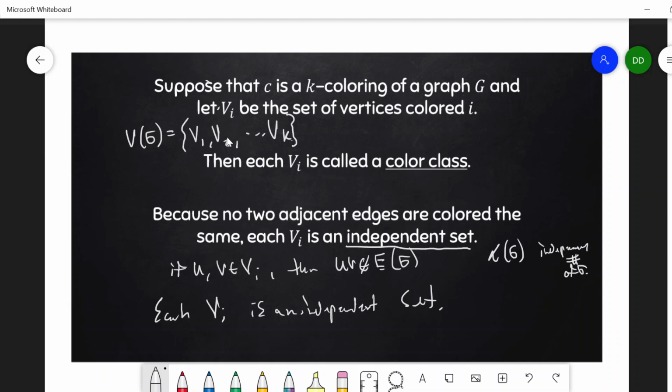Since each V sub i is an independent set, the cardinality of V sub i is at most the independence number of the graph, for each i. We're going to use this later. So everything we know about independence, we can leverage in this way to see what information we can get about vertex colorings.